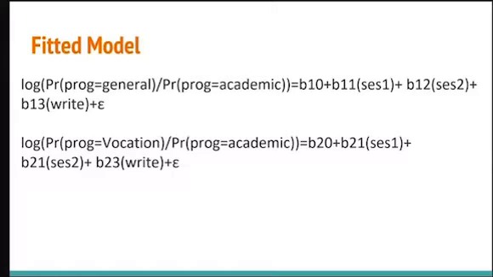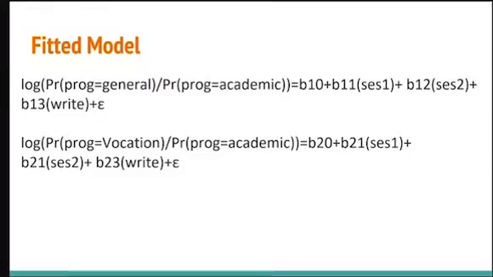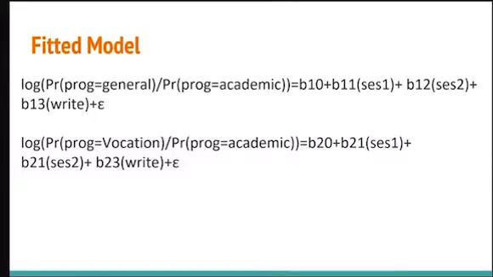Okay, now this is the interpretation. You want to interpret the B13, right? And where is the B13 now? The B13 is negative 0.058.